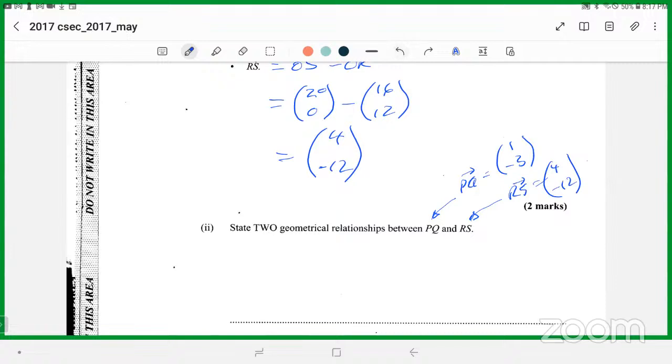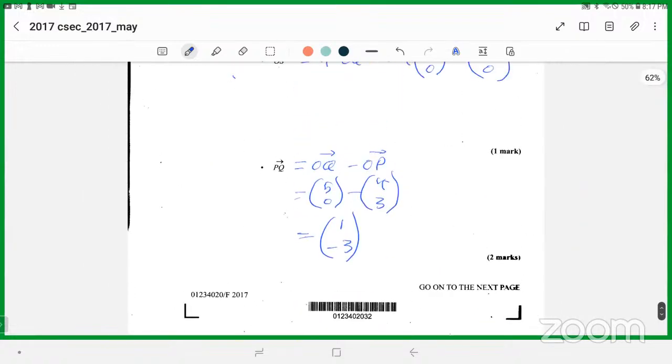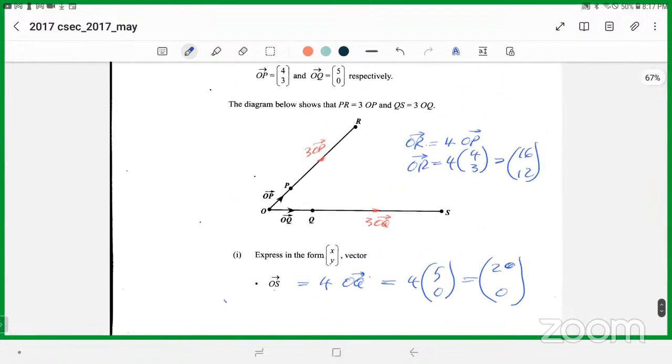So we can write the big one RS equals 4 times the small one PQ. It means that they're parallel. I mean, RS is 4 times as long as PQ. You can see it on the diagram as well. Then they are parallel, and that one here is 4 times the length of this one.